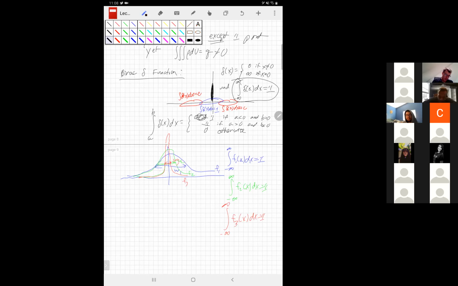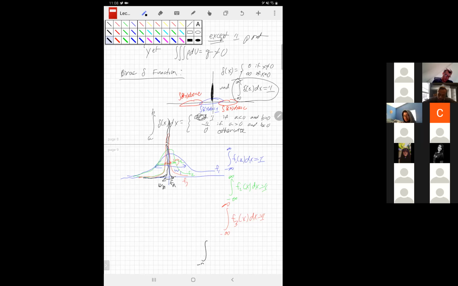And the delta function would be if we just kept on making it smaller and smaller and smaller. Fn has width wn.